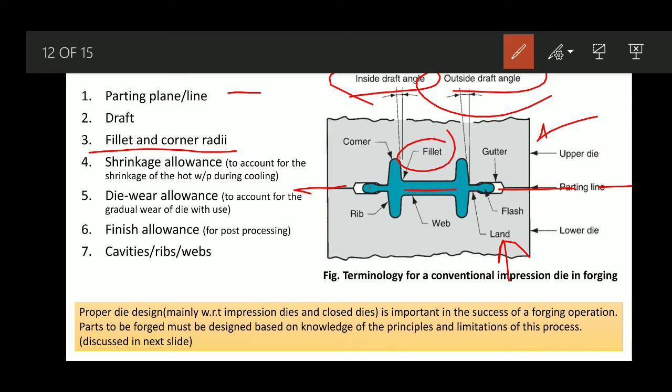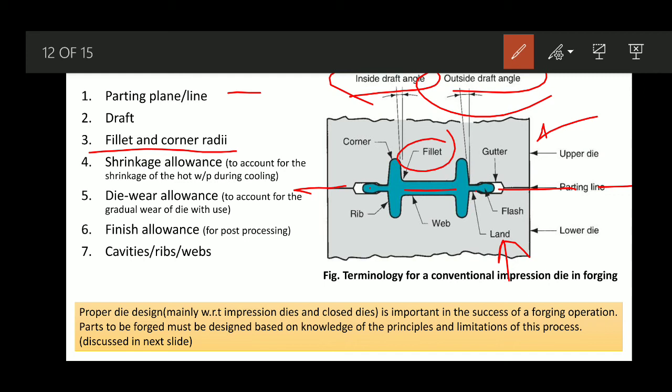That we already know. If we are working with a heated metal, then when it undergoes cooling, some shrinkage will be there. So during the design of these dies, we also have to go for shrinkage allowance, to account for the shrinkage of the hot workpiece during the cooling process.